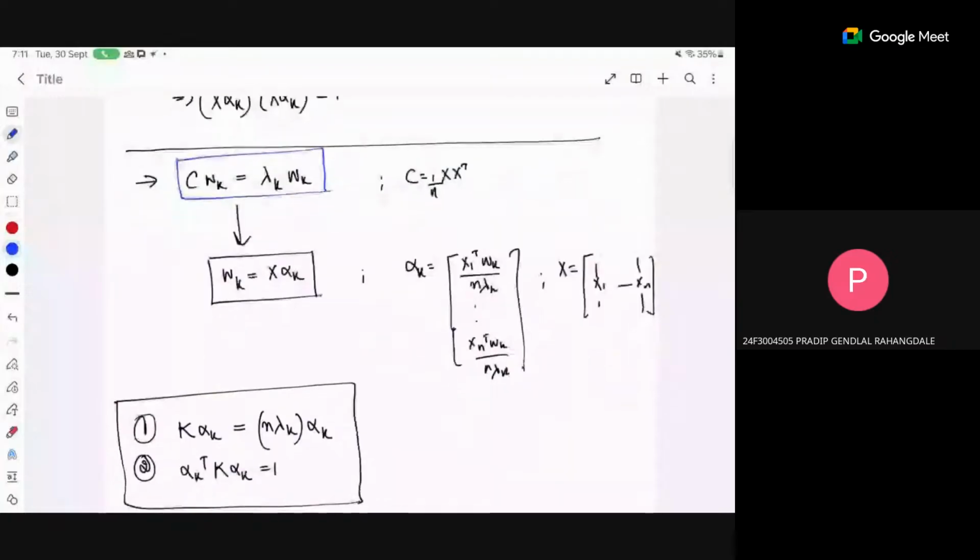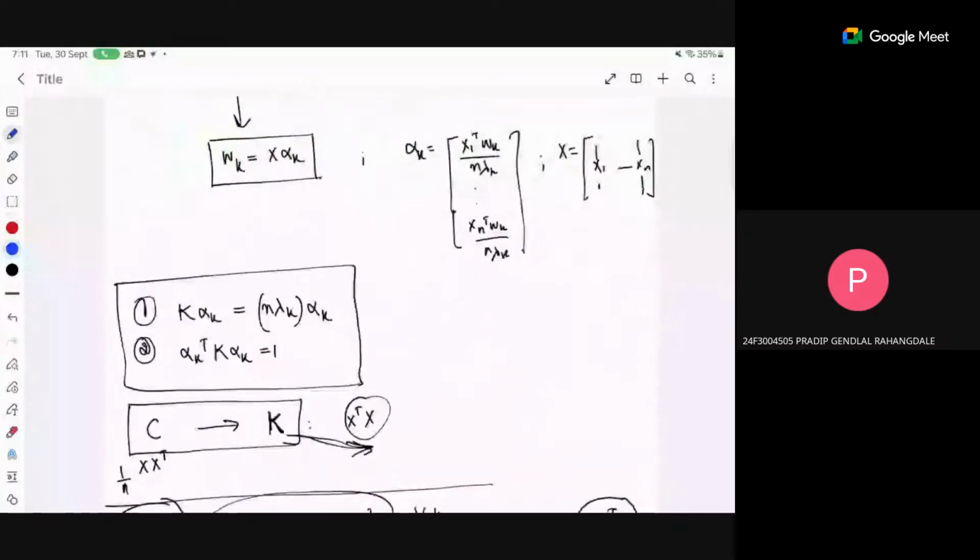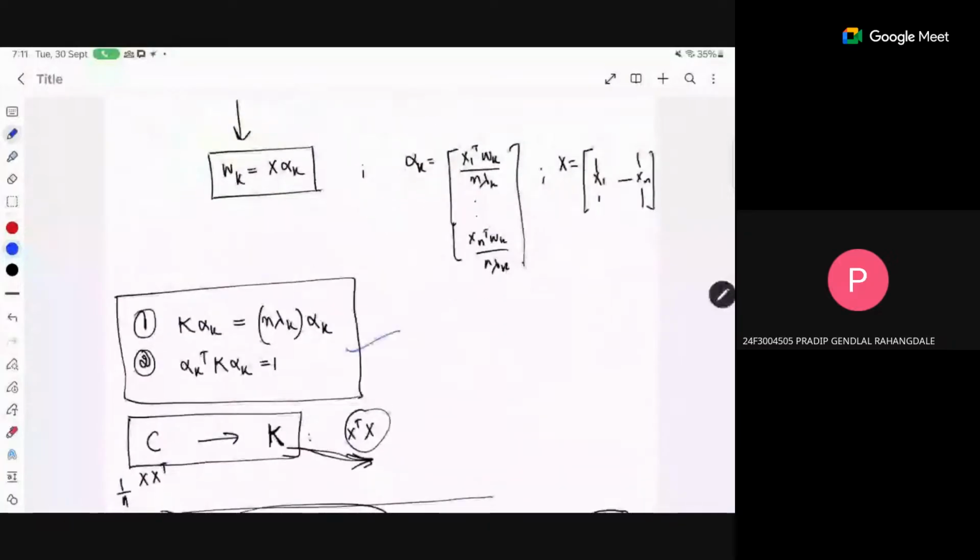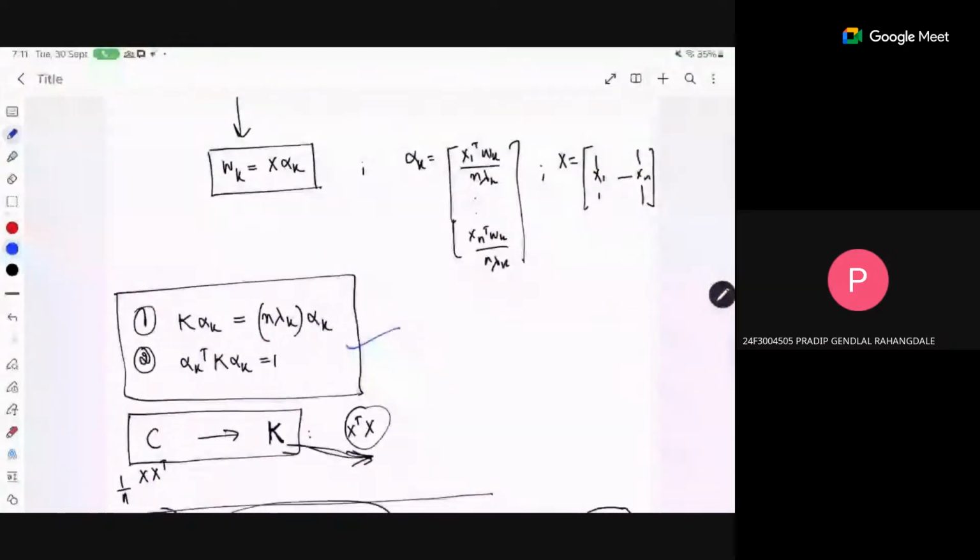So, in order to do that, we set up these conditions. We got the condition K alpha k equals n lambda k alpha k, and alpha k transpose K alpha k has to be equal to 1.